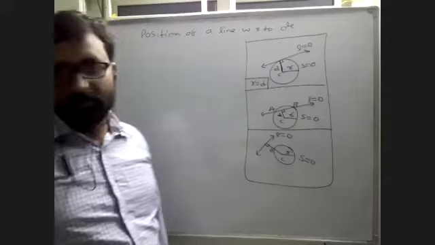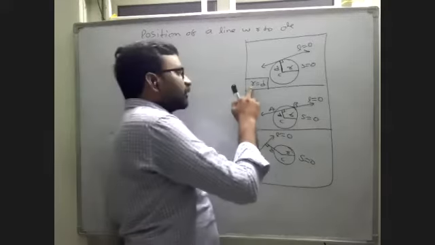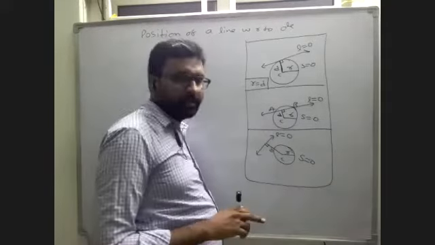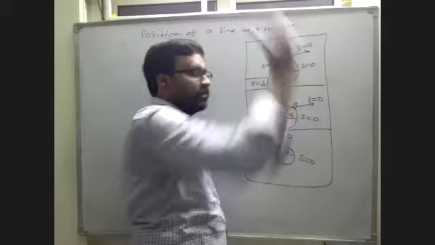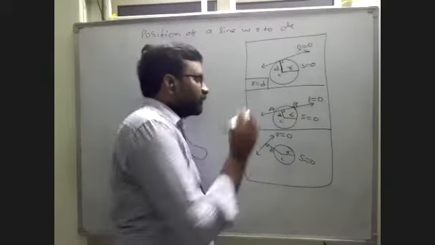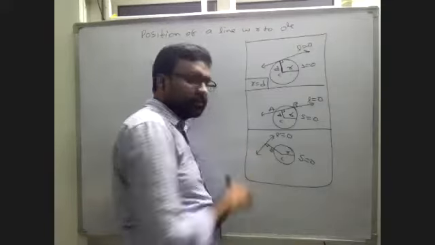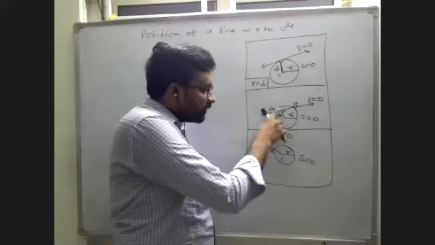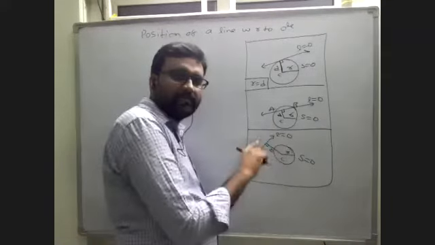If a line touches the circle, then the radius is nothing but the perpendicular distance from the center to the given line. Second, if a line intersects the circle, then the perpendicular distance is less than the radius.